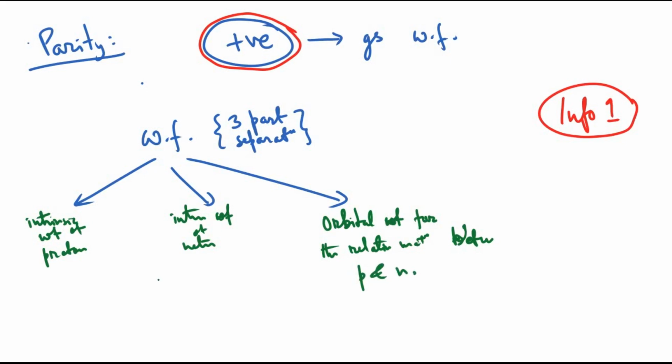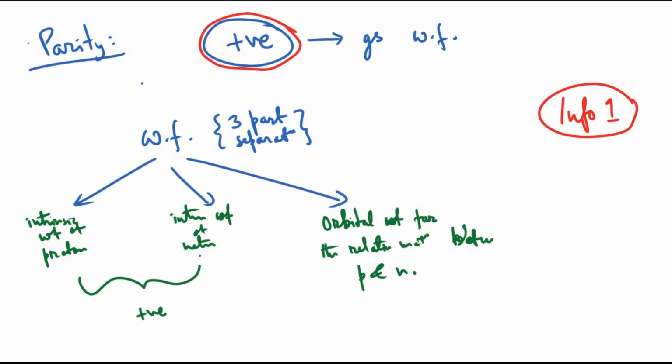Now you see, since the proton and neutron are just 2 states of a nucleon, their intrinsic wave functions have the same parity. If they have the same parity, whether plus plus or minus minus, the multiplication will give you positive value. So overall, from their product you will get a positive result.